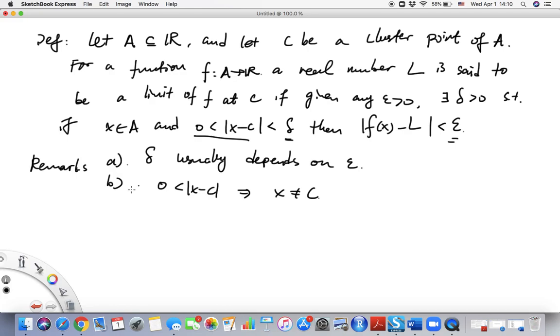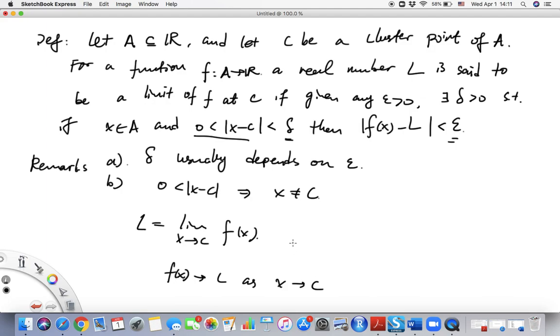Okay, so this definition you can write as L is equal to the limit as x goes to c of f(x). We can also say f(x) approaches L as x approaches c. Okay, so f(x) goes to L as x goes to c.